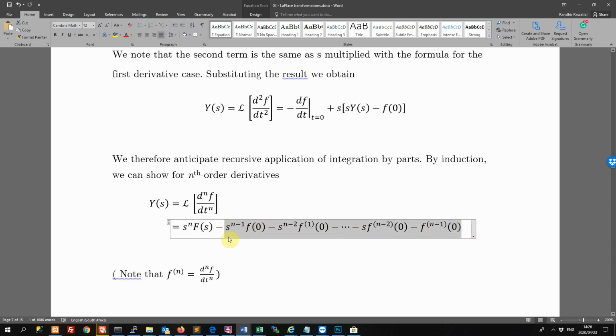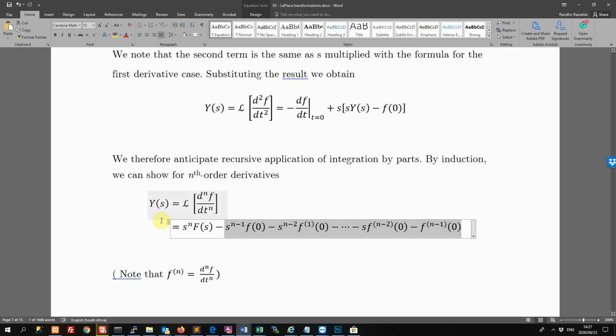It's going to be s to the n minus 1 times the initial value minus s to the n minus 2 times the first derivative. So that's the notation. The brackets with the number tells you how many times you differentiate this function, and this is time differentiation, of course, and this is evaluated at t equals 0. So you get a long list of factors like that there.